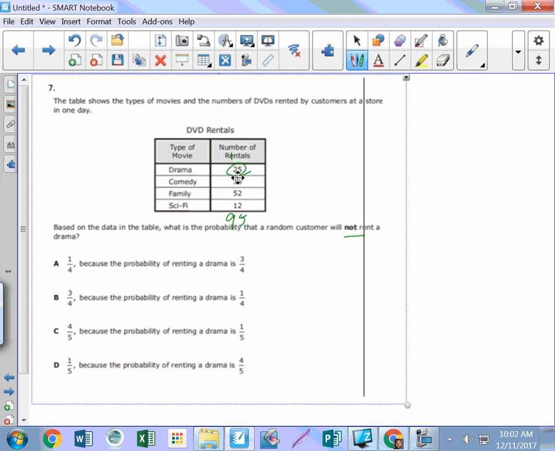So 95 minus 25 is 70. So not a drama probability is 70 out of 95. We could reduce this. I would do it by 5 first. 70 divided by 5, I believe is 14. And then 95 divided by 5 is 19.